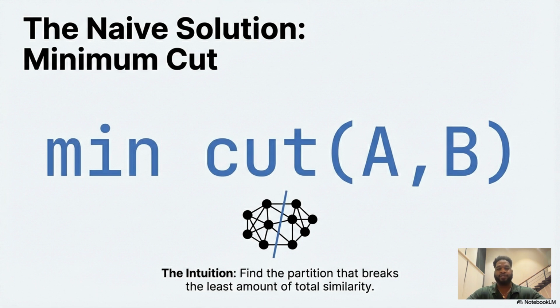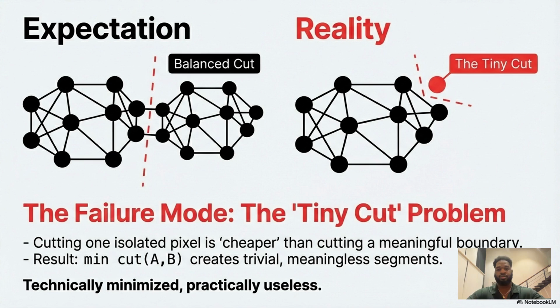Let's just pause on that for a sec. I mean, what could possibly go wrong with finding the path of least resistance, the absolute weakest boundary in the whole image? Well, here's the thing. The minimum cut algorithm only cares about one thing, the cost of the break. It has zero concept of the size or the importance of the two chunks it's creating.